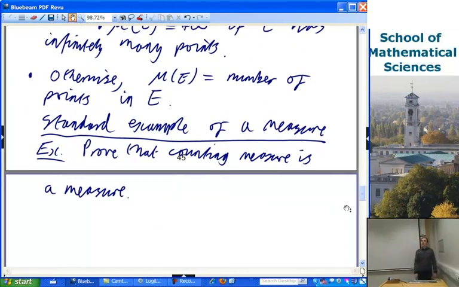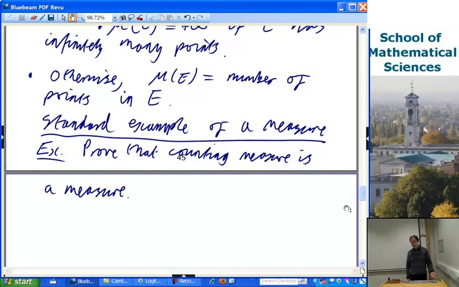You can use it on the real line, all subsets of the real line if you want, but it's not very good because intervals are usually sets of infinitely many points. So it's not a very exciting measure because for most interesting sets you just pick up the value infinity, and so it doesn't help you very much. It is usually used not on uncountable sets but on countable sets.